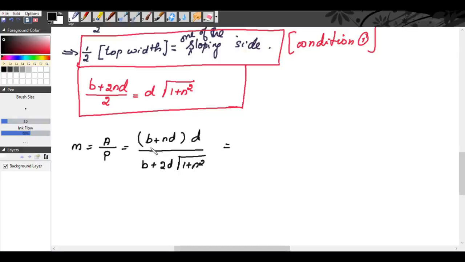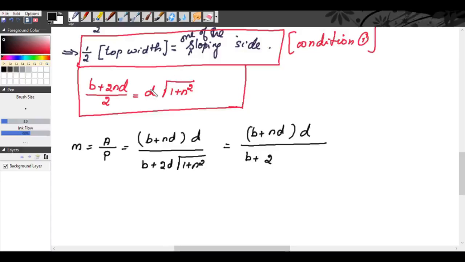So what do we get is (b plus nd) into d divided by b plus 2 into d into root of 1 plus n square.